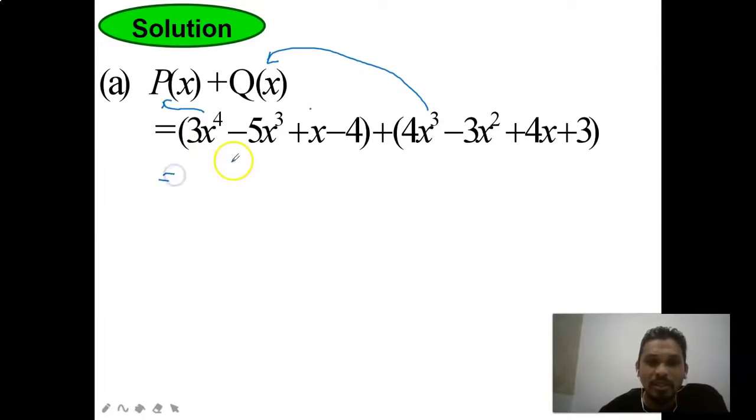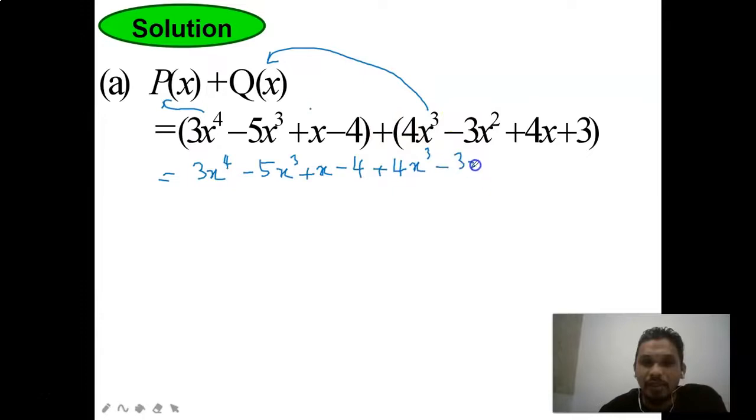Step by step, we open up the bracket here: 3x to the power of 4 minus 5x cubed plus x minus 4. Then positive times 4x cubed, positive times negative 3x squared, positive times positive 4x, and positive times positive 3. And simplify all this.